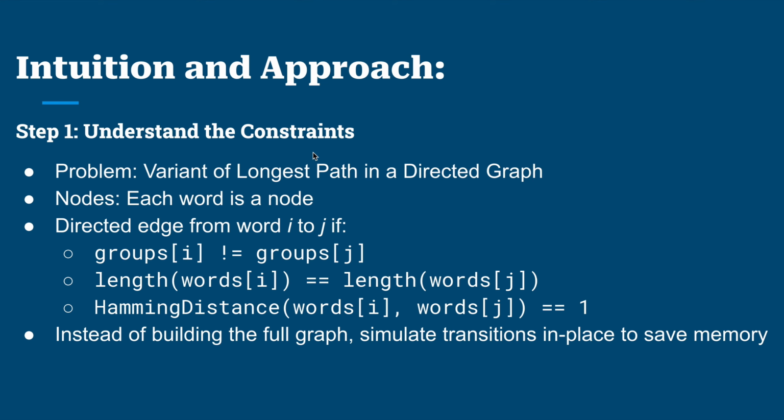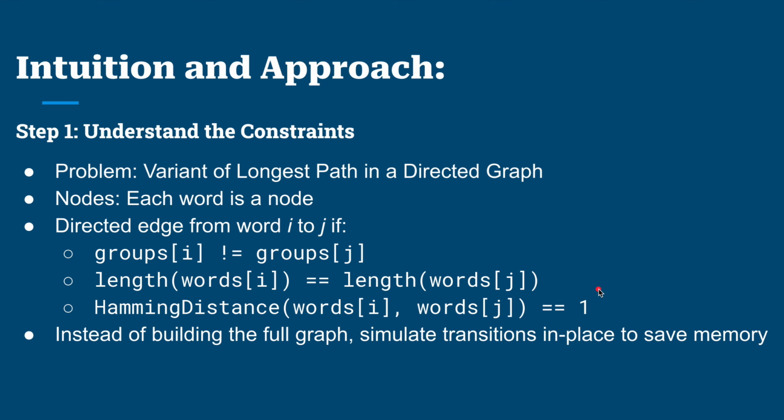Each word can be a node, and there is a directed edge from the word at i to the word at j only if the groups are not equal, the word lengths are the same, and the Hamming distance is equal to 1. If we take a function Hamming distance and pass both words, it should return 1.